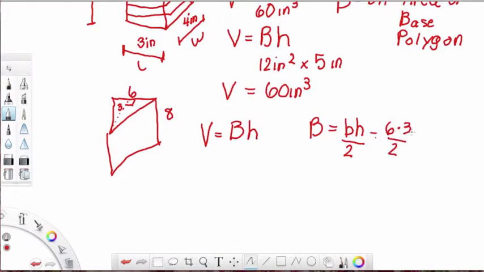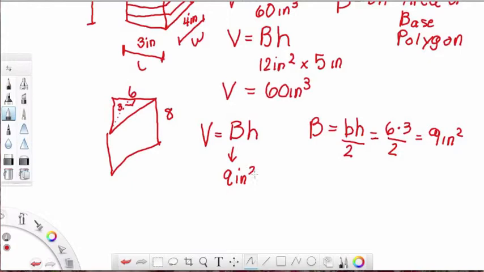And 6 times 3 is 18, and 18 divided by 2 is 9. Okay? And that would be 9 inches squared, or units squared, whatever it would be. So we've got our big B, therefore, is going to be 9 inches squared.